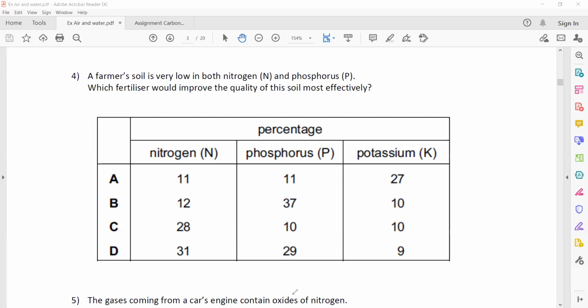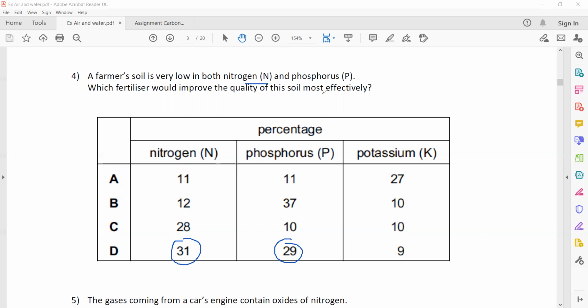So which is having the highest percentage of nitrogen? Which fertilizer has a higher percentage of nitrogen and phosphorus? These are the percentages given. You can see this contains 31% nitrogen and 29% phosphorus.